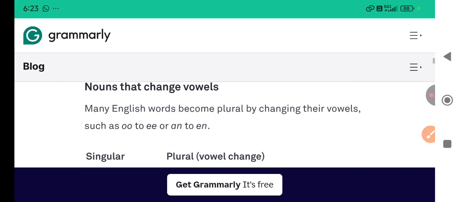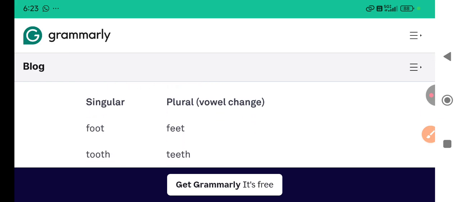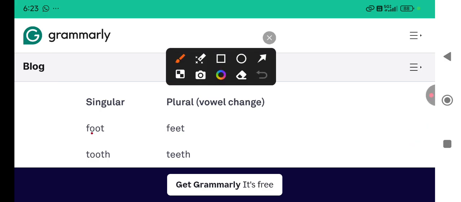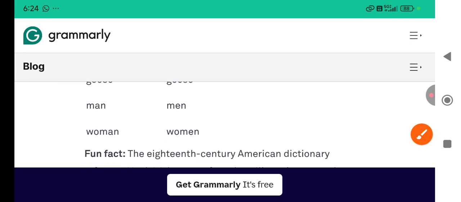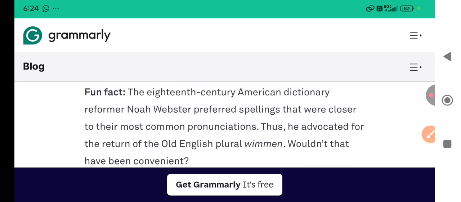Now next are nouns that change vowel. Again from your school days: foot, feet; tooth, teeth; goose, geese; man, men; woman, women. A fun fact: the 18th century American dictionary reformer Noah Webster preferred spellings that were closer to the most common pronunciation.